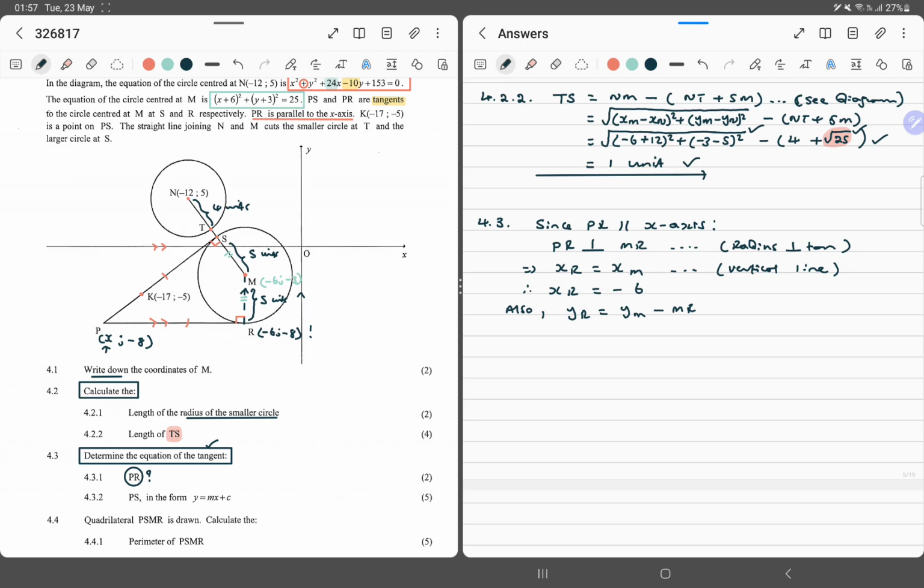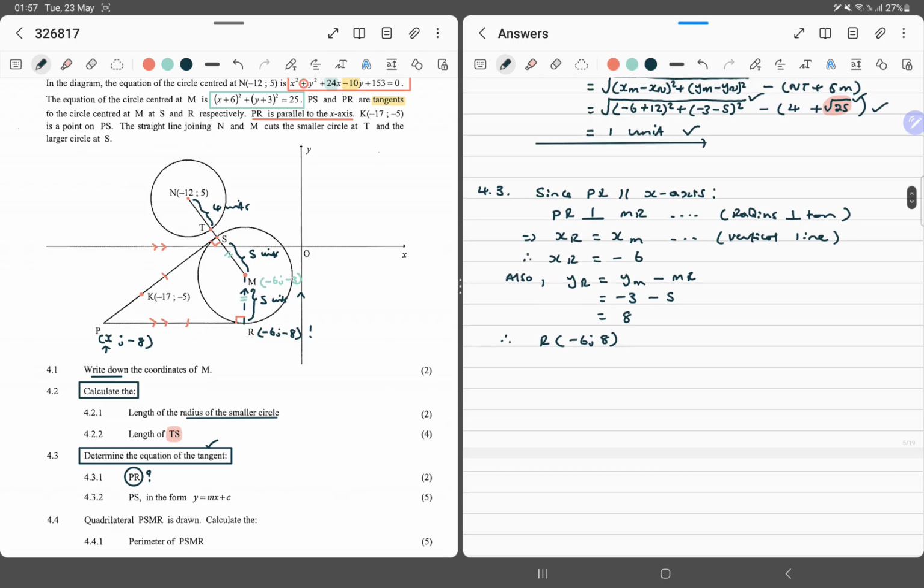This is nothing but the distance formula, only adjusted for a vertical line. We could easily have said MR is equal to that, and then we work it out. So y at M is minus 3 minus MR, which is just 5 units, which is minus 8. We can say, therefore, R is the point (-6; -8).